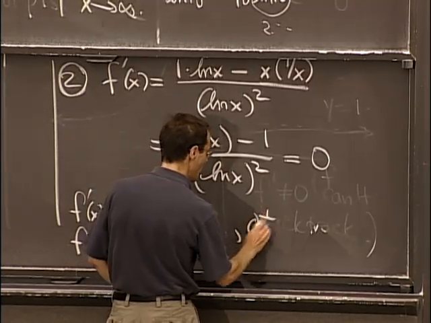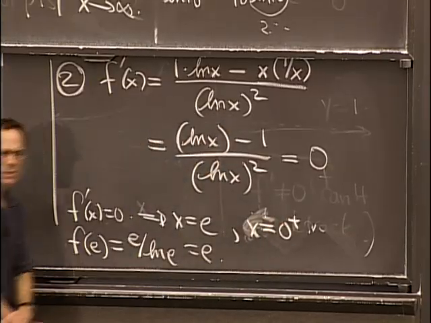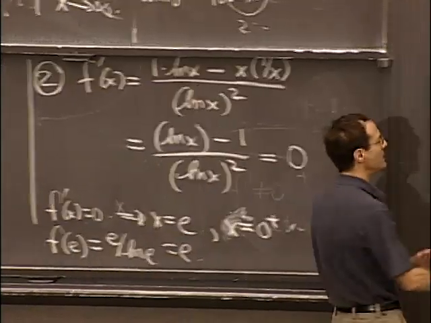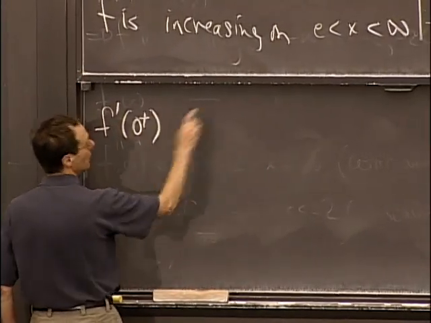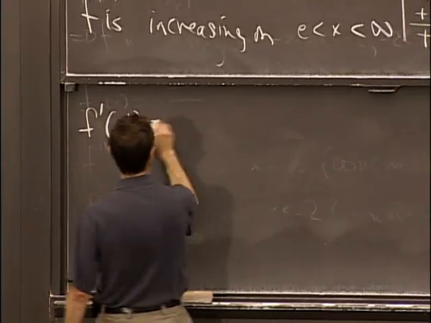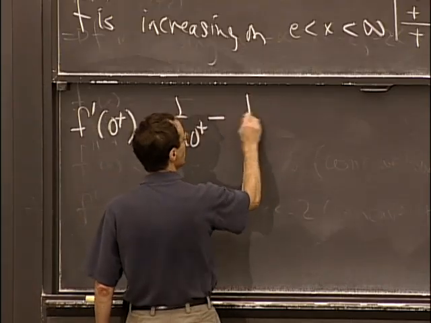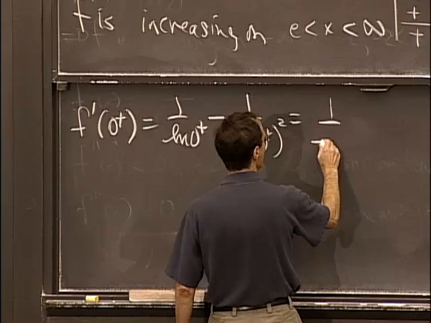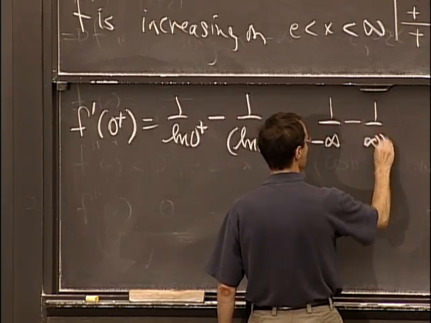So also when x is equal to 0 plus, the slope is going to be 0. All right, let me just emphasize that again. If you evaluate using this other formula over here, this is 1 over log 0 plus minus 1 over log 0 plus squared. That's 1 over minus infinity minus 1 over infinity, if you like, squared.